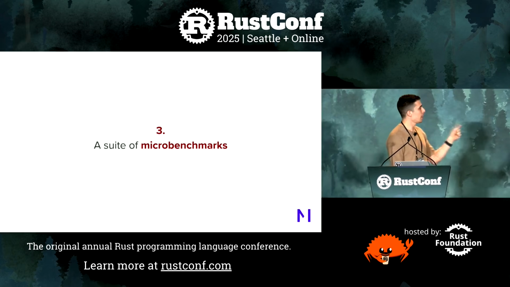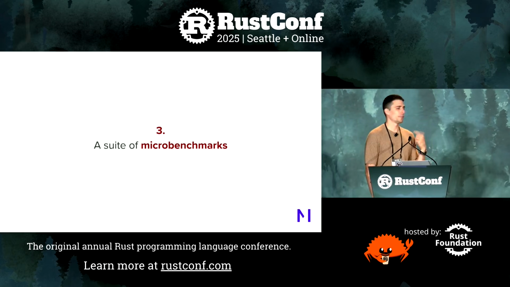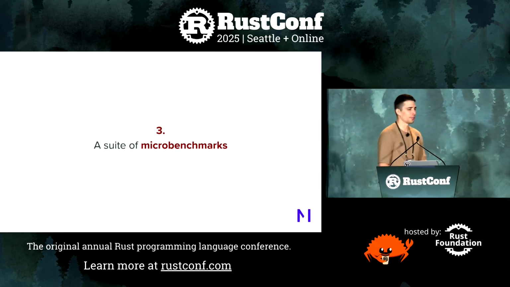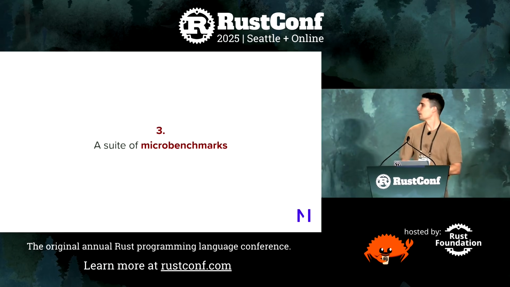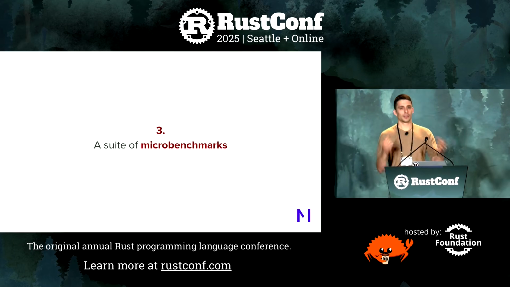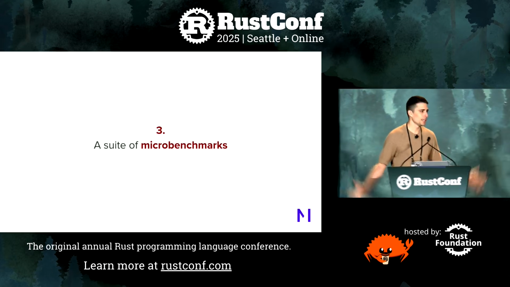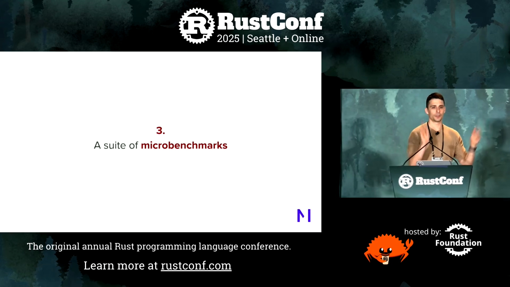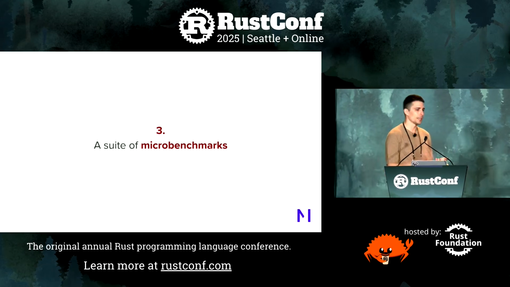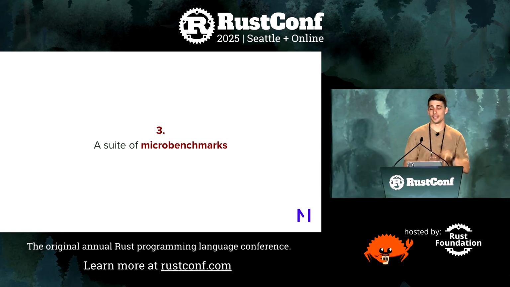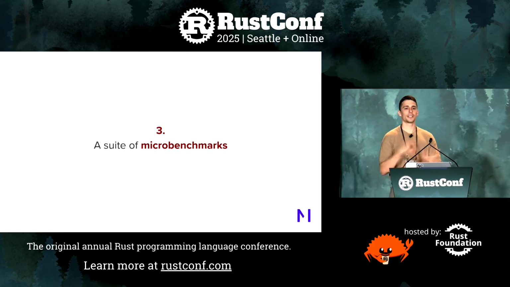And the same rationale goes for micro benchmarks. If you want to establish if something is fast enough, you need to have a way to quantify it. Redis Query Engine, as a project, does have a pretty comprehensive suite of end-to-end benchmarks. So you spin up a database instance, you fire off a bunch of queries, you measure throughput, you measure latency, you measure memory usage. And this is very useful, but it's also a very slow feedback loop.